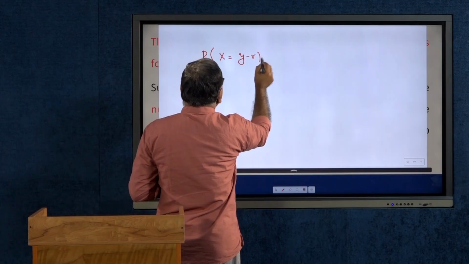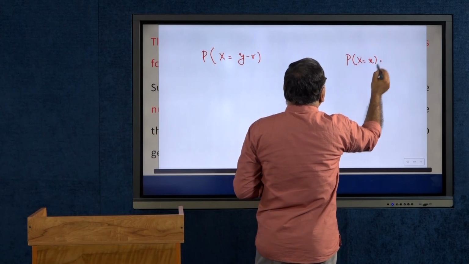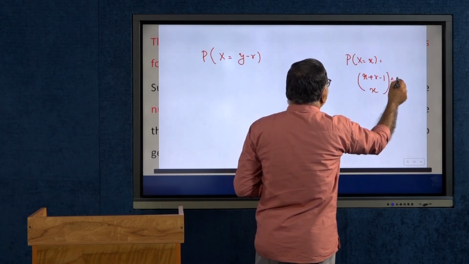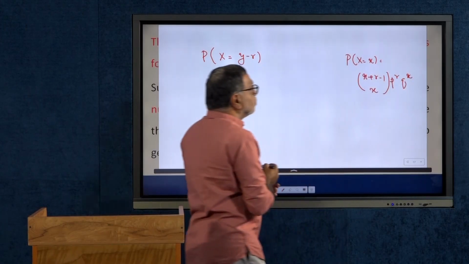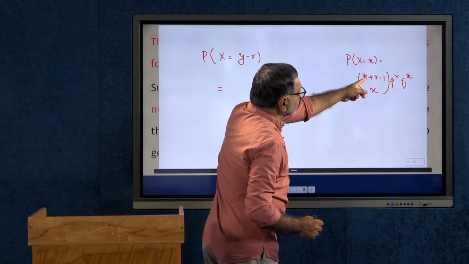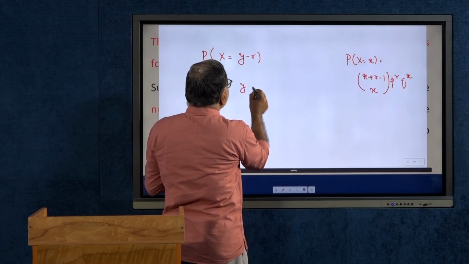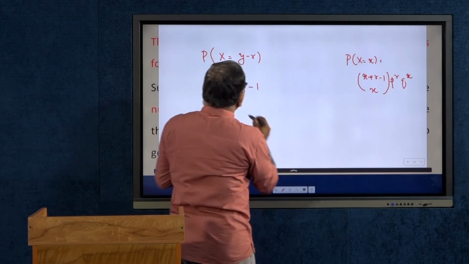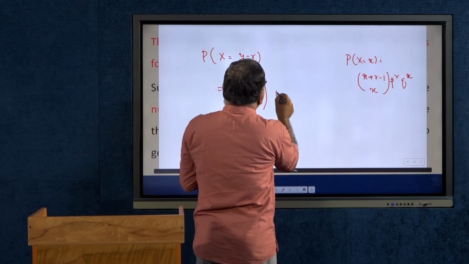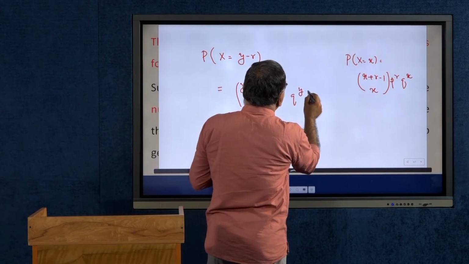We are finding this. Earlier we have probability of x equal to x as x plus r minus 1 c x p power r q power x. So what is probability of x equal to y minus r? Here x is y minus r, plus r minus 1, so y minus 1 c y minus r, p power r and q power y minus r.